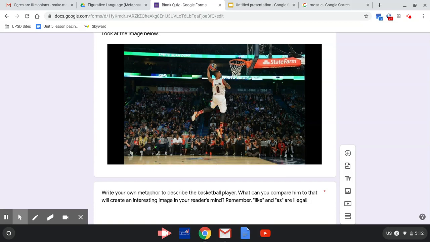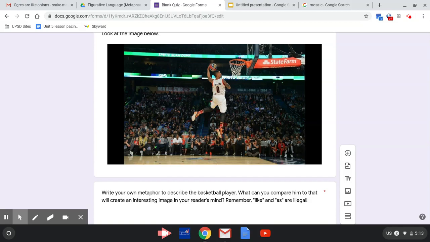So I'm thinking, well, what else flies through the air? What else is graceful? What else jumps really high? And we want to compare him to something that is different enough that it creates a good picture in our reader's mind. And so if I were to say that Damian Lillard is as graceful as a football player, well, those aren't really two unlike things.